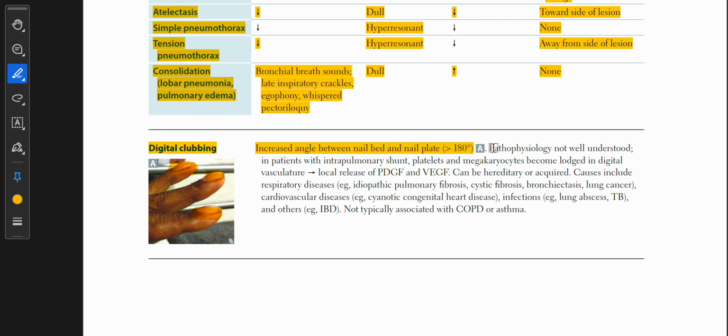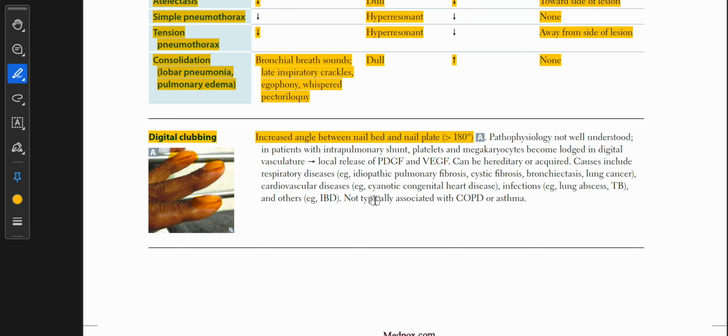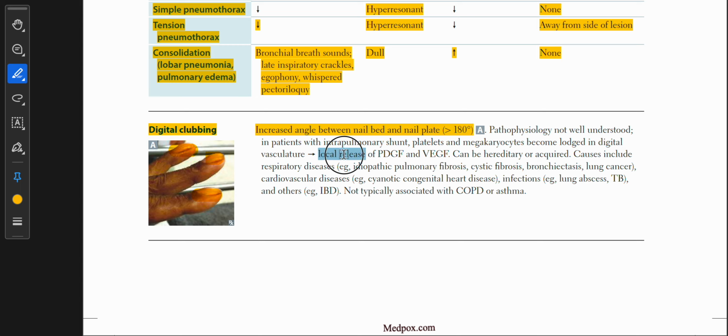The pathophysiology is not well understood, but in patients with intrapulmonary shunt, platelets and megakaryocytes become lodged in digital vasculature, and that will lead to local release of PDGF, platelet derived growth factor, and also vascular endothelial growth factor. It can be hereditary or acquired.